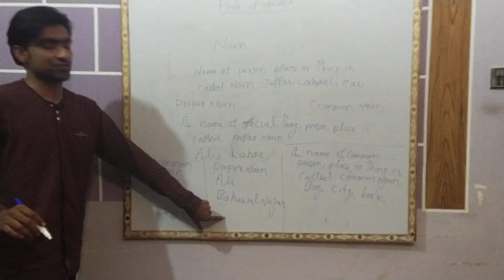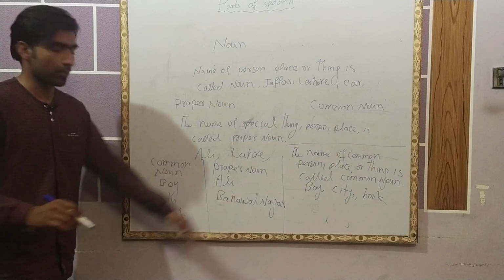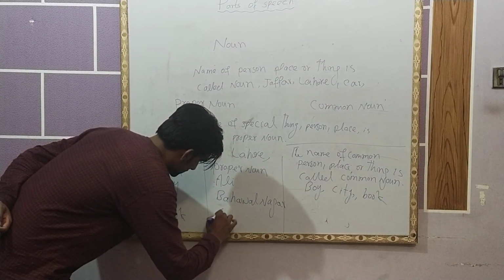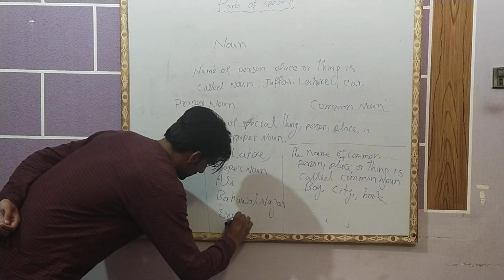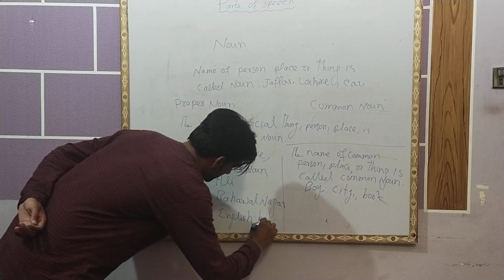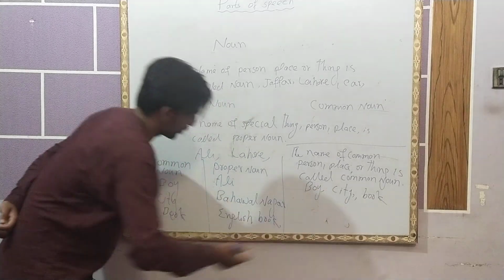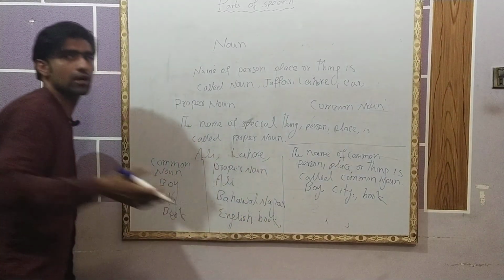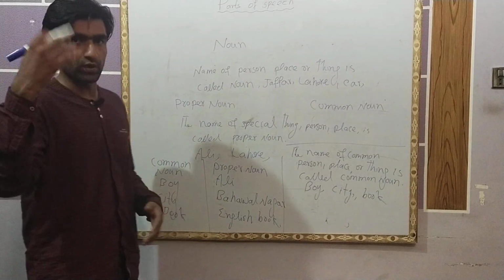Book, you can name it to make it a proper noun. Like you can write here English book, or you can write any other book according to your favorite book which you have.